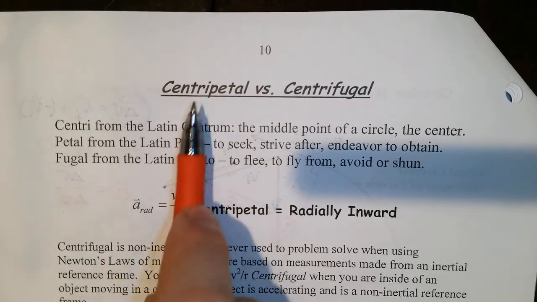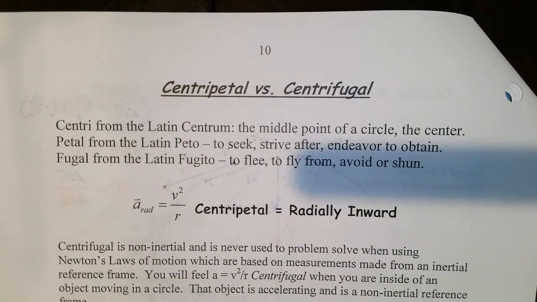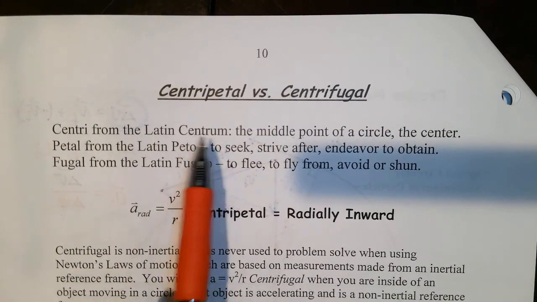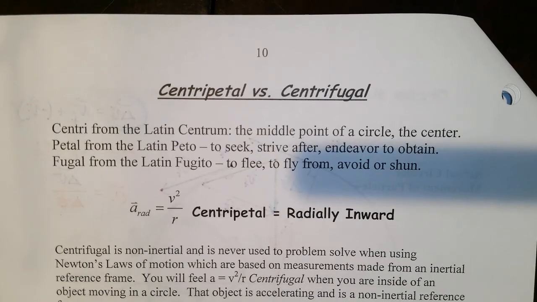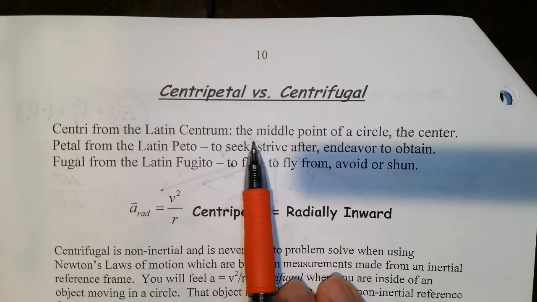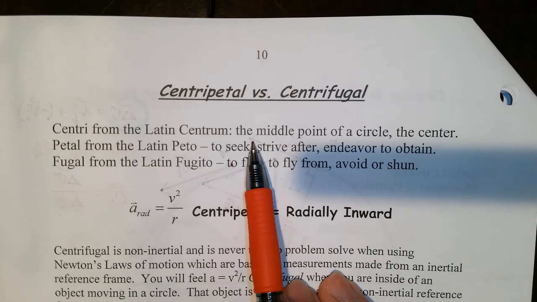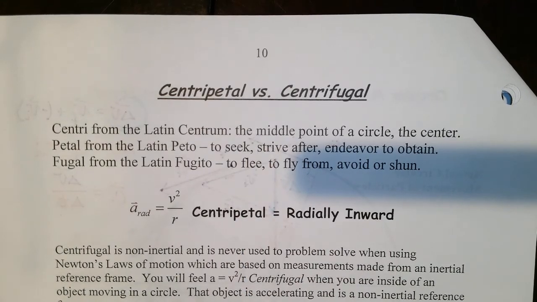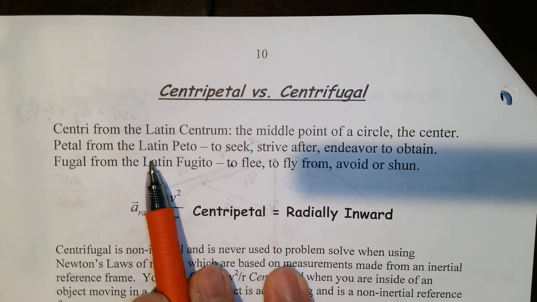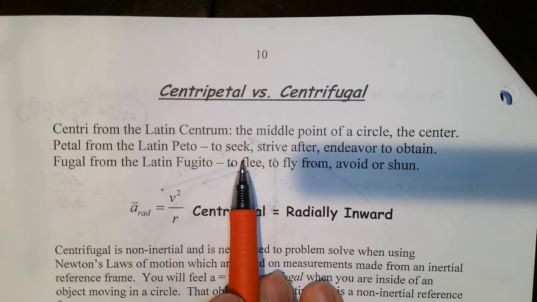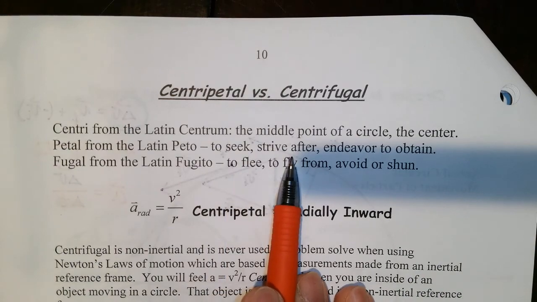All right. Now, centri, from the Latin derivative of centrum, not a vitamin, by the way, basically means the middle point of a circle or the center of the circle. And petal, from the Latin peto, to seek or strive after.